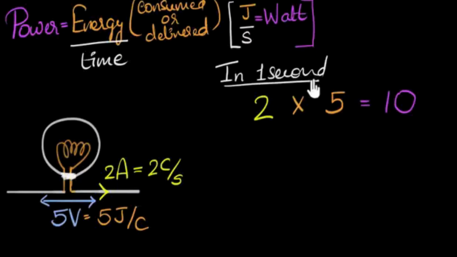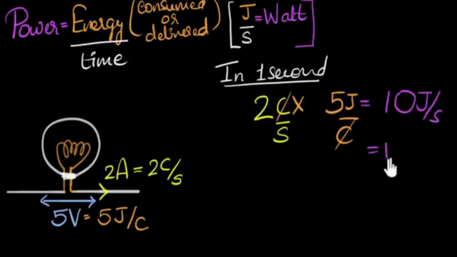And therefore, in 1 second, 10 joules of energy will be delivered to the bulb, and so the power would be 10 watt. And if you look at the units also, we'll get the same thing. Notice 2 coulombs are passing every second times 5 joules per coulomb. The coulomb cancels, and we get 10 joules per second, which we call 10 watts.